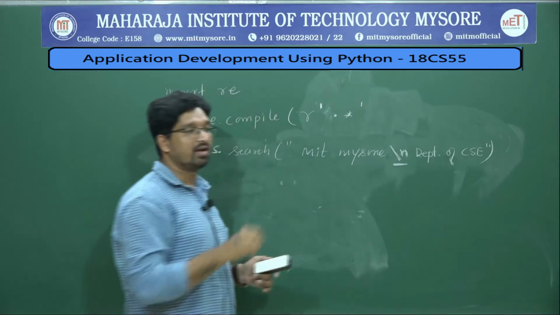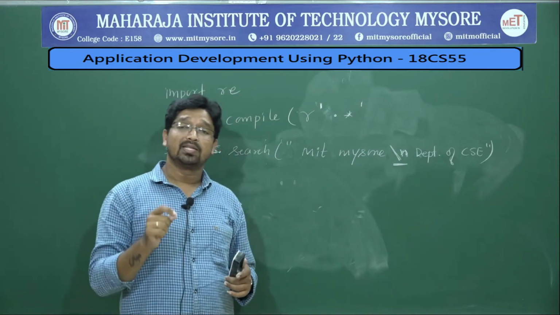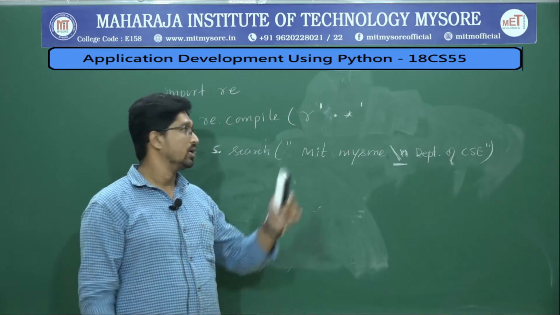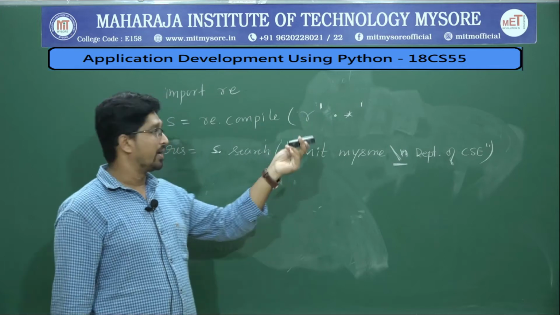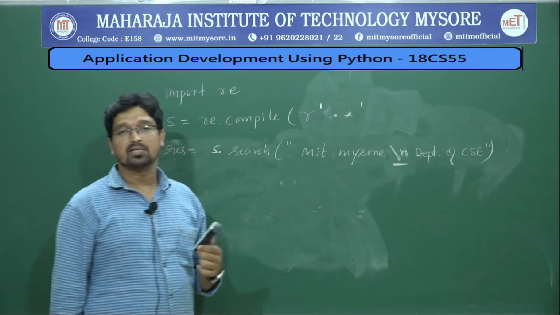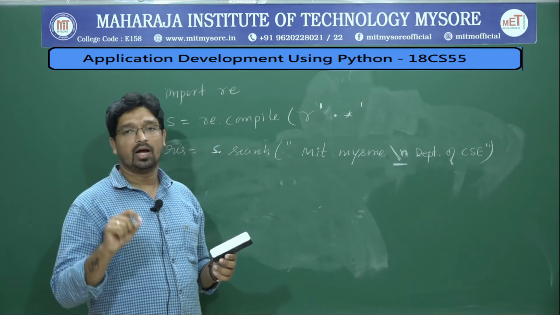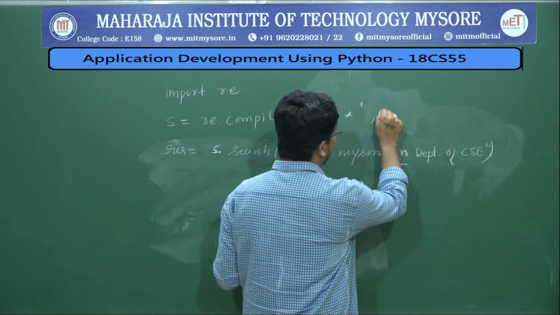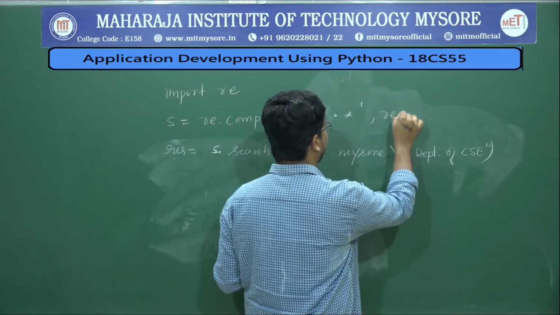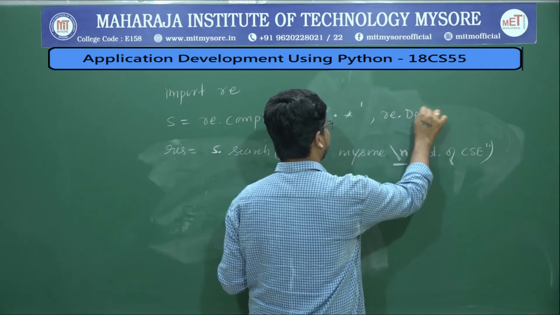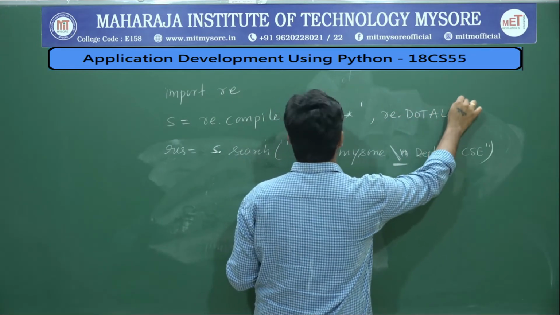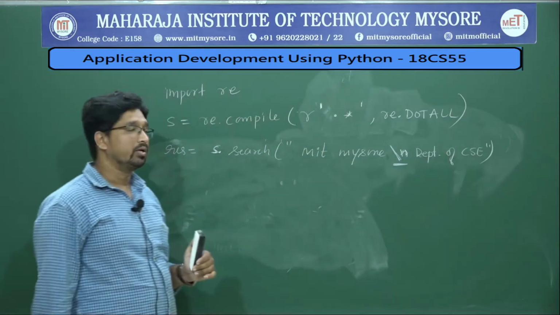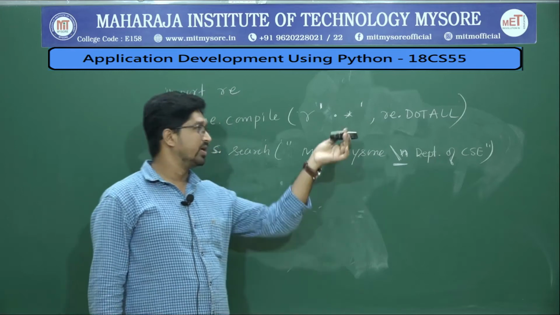In the last class we discussed how to match cases and how to ignore cases. For that you can pass re.I or IGNORECASE. In the same way you can pass re.DOTALL. Okay, this is the parameter re.DOTALL.